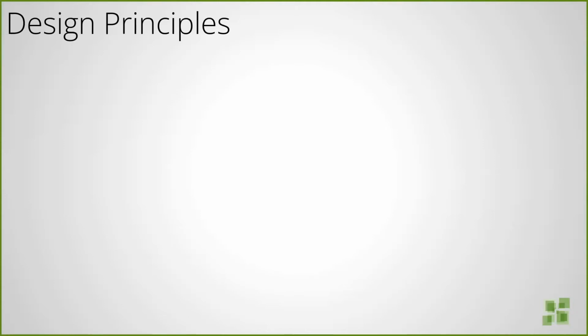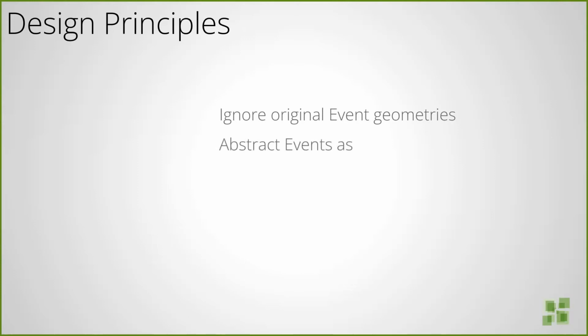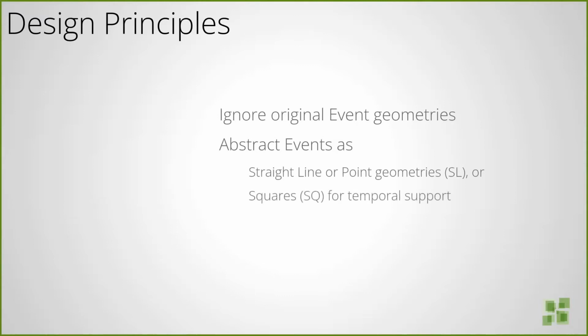Okay, now let's move on to design principles for the LRS custom transformer. So one key thing is ignore the original event geometries. And instead, we abstract events as a single straight line or point, or a square in the case of temporal support.